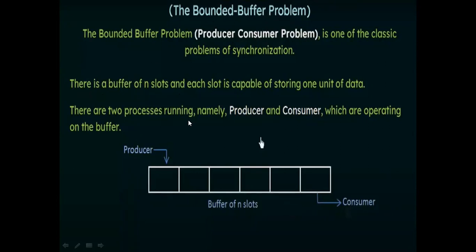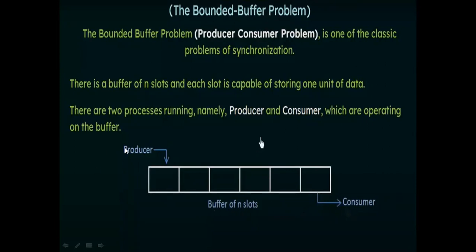There are two processes running, namely the producer process and the consumer process, which are operating on the buffer. Always the producer process will write the data into the buffer and the consumer process will read the data from the buffer.